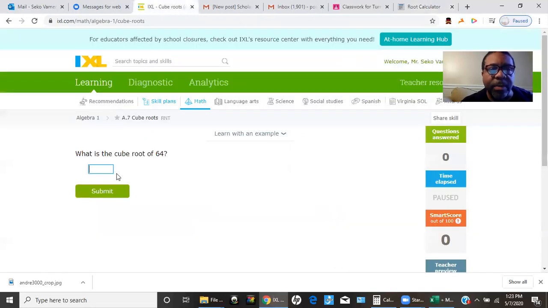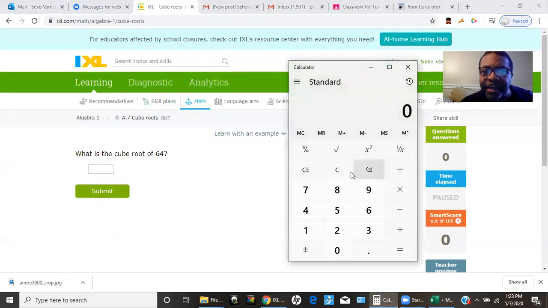So going back to our problem, what's the cube root of 64? What times itself times itself times itself is 64? So I'm going to take a guess. I think 4 times 4 times 4 is 64. Okay, so 4 times 4 times 4 is 64.